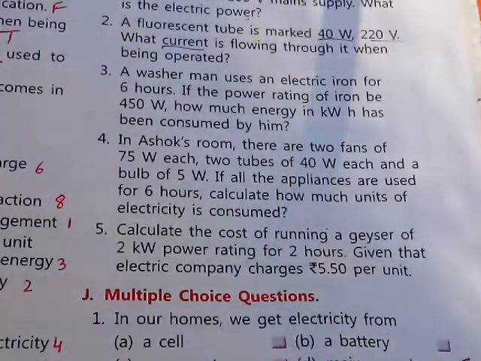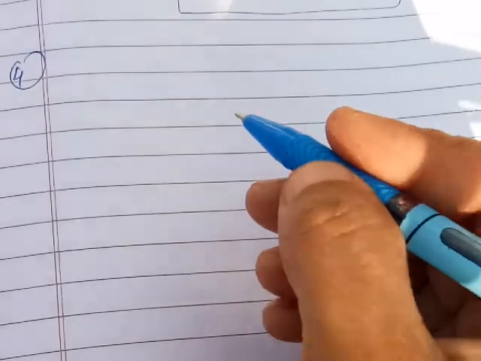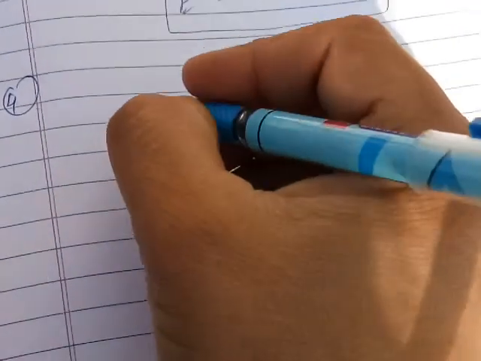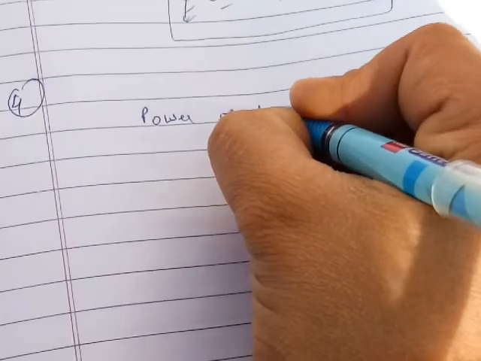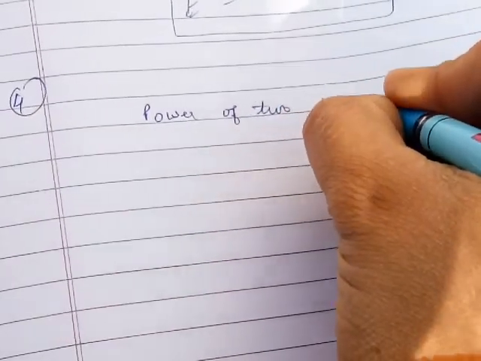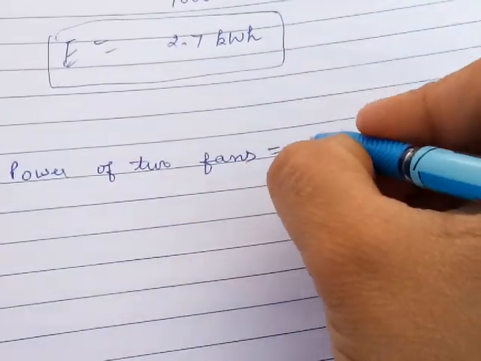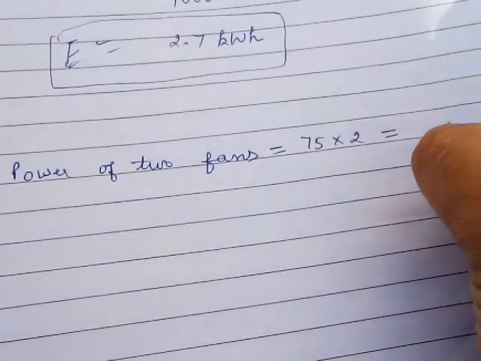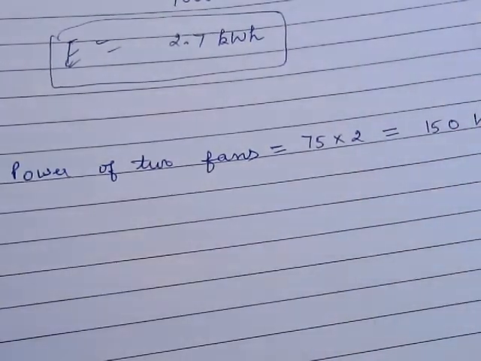So let's start. Let's write down what is given first. Now first given, two fans, power is equal to 75 into 2 is equal to 150 watt.